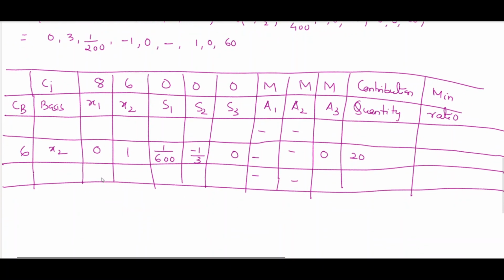Every time I am not working out how to work out, you have to practice. So it will be fixed 8 and x1 it is fixed. Now if you do the calculations, you will get 1 0 minus 1 by 300, 1 by 6, 0, dash dash, contribution quantity you will get 10.